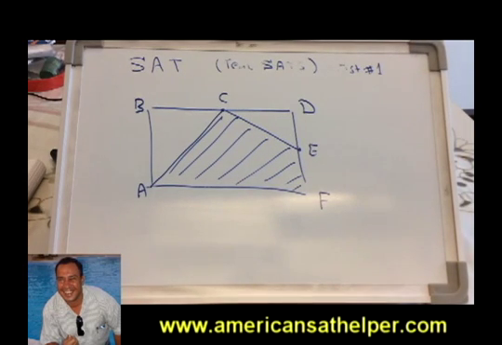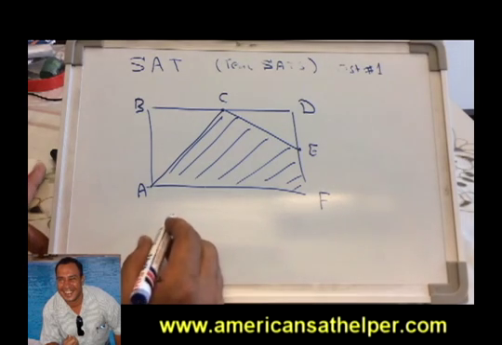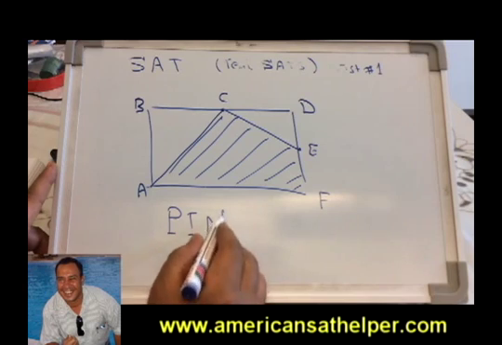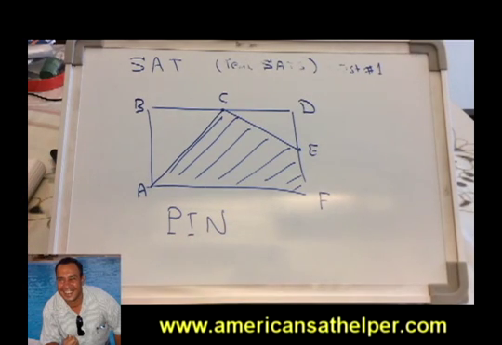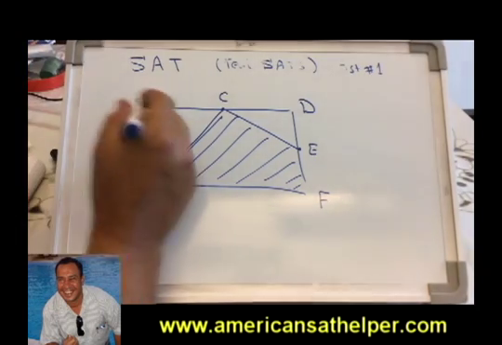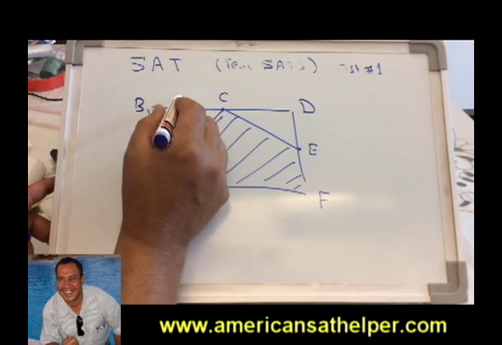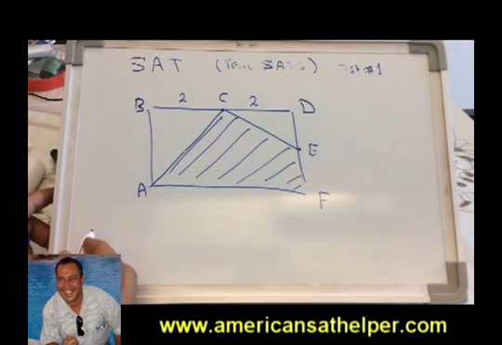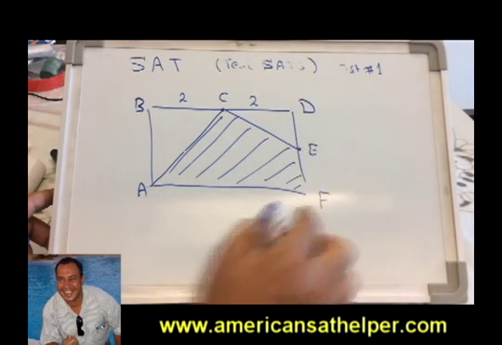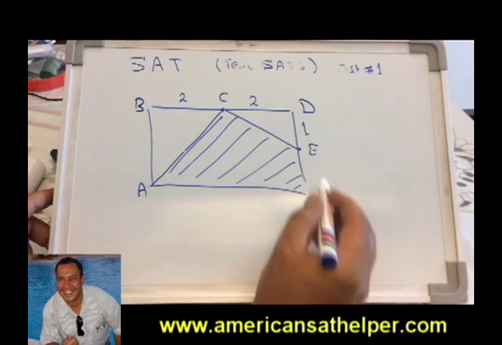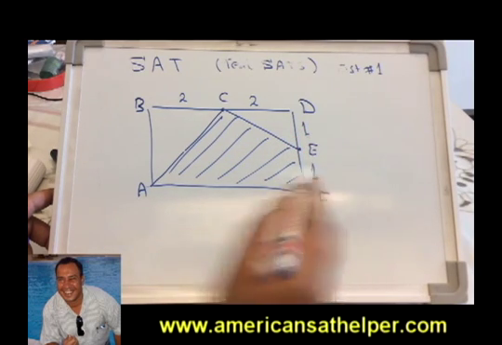To solve this kind of problem, I'm gonna use a strategy called plug-in numbers, or PIN. What does it mean? It means let BD equal 4, so BC is 2 and CD is 2. Let DF equal 2, this means DE equals 1 and EF equals 1.